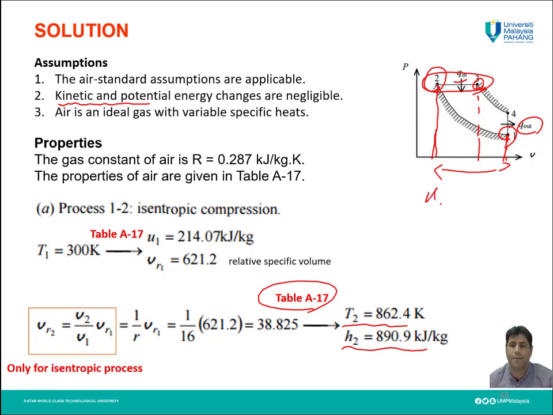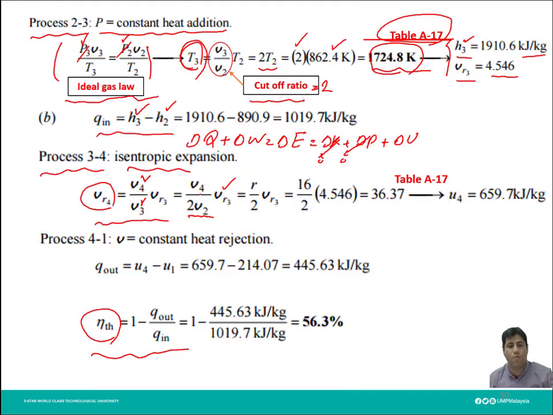V4 is actually equal to V1 because here we have a constant volume process. So V4, or even V1, they are the same, divided by V2 is actually the compression ratio. So here V4 divided by V2 is equal to the compression ratio, or R.